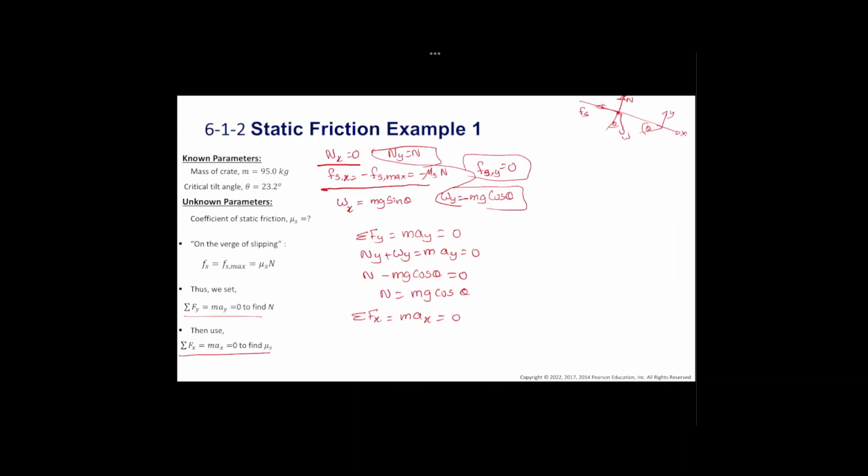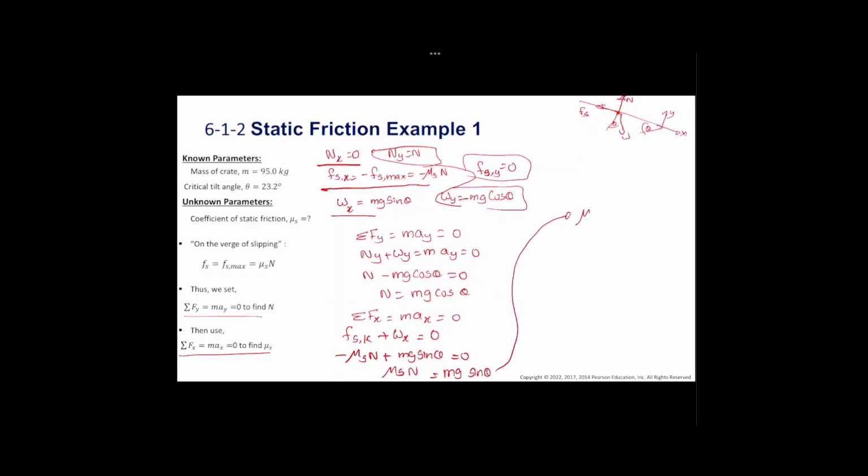We have the static friction, which is minus mu s n because it is in the opposite direction of motion, and the x component of weight is mg sin theta, and the sum is equal to 0. Therefore, we can write mu s n equals mg sin theta.